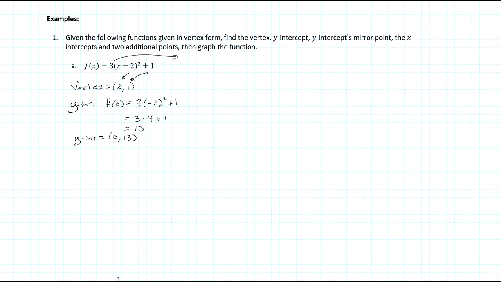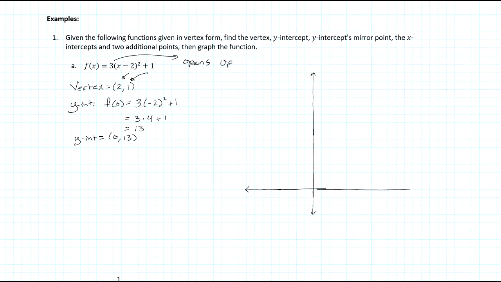And we know that this graph is opening up with a stretch factor of 3, right? The y values are being stretched by 3. So let's see here. Start graphing this, and that'll help us determine the y-intercept's mirror point. The vertex is at 2, 1, and it opens up, so I really don't need much, if any, negative values at all.